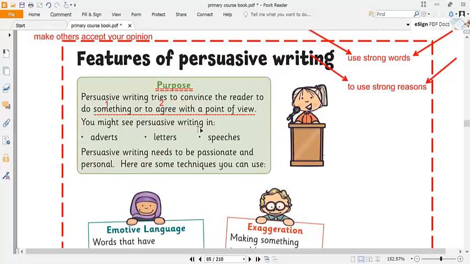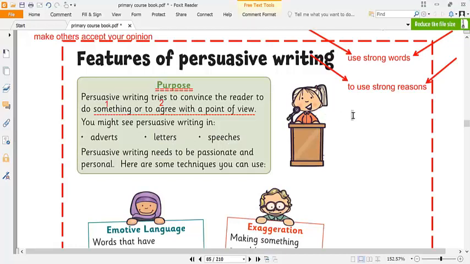You might see persuasive writing in adverts, letters, speeches. What he means is that these three types of writing are types of persuasive writing. Number one, the advert. So the advert is one type of persuasive writing. What is the advert? What type of adverts do you know?